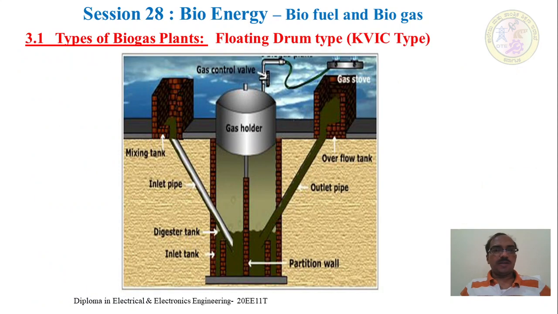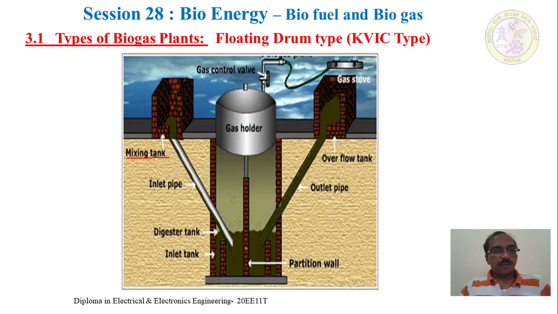And in case of the floating drum type, what we have shown over here, you will have a mixing tank here. This is the mixing tank. In this mixing tank, the water and the cattle manure, or cattle dung, will be mixed, and then it will be fed through this inlet pipe.